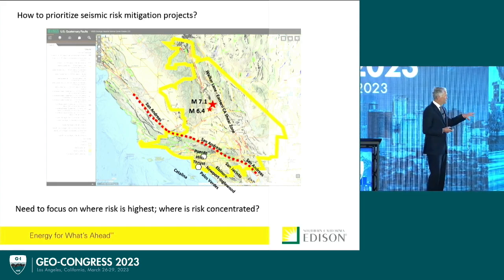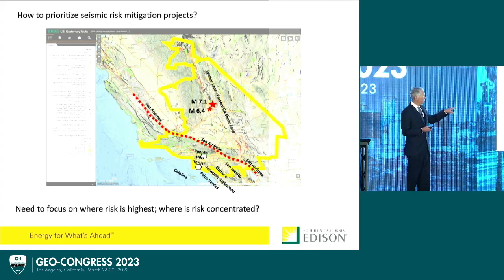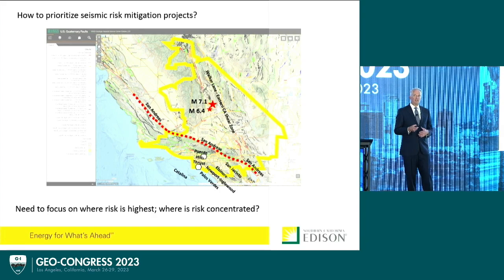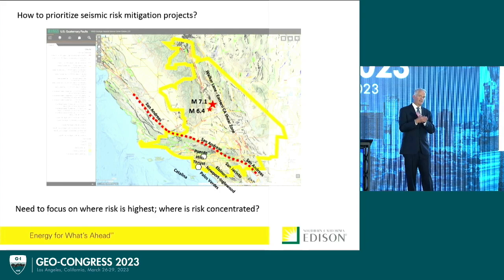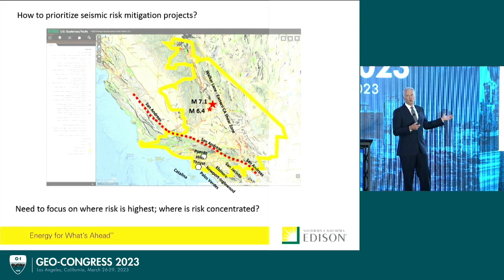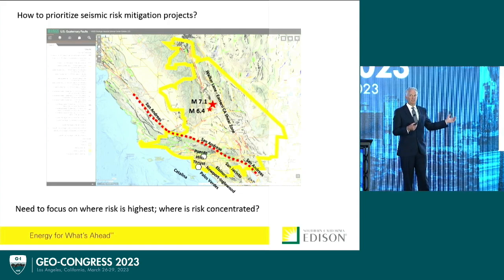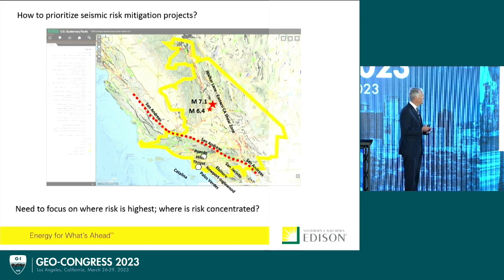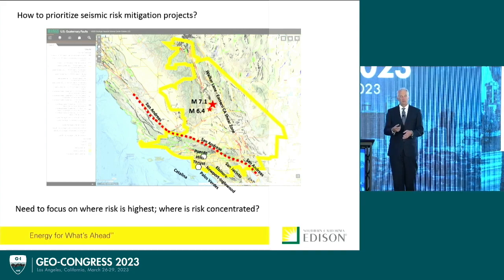A couple of other things I want to mention. The white hexagons indicate the port complex and downtown Los Angeles. I mentioned how where a lifeline and a fault line cross, you can get a risk concentration. But also, through the development of our society and our infrastructure, we have risk concentrations apart from the faults. In this case, at the port complex, some of the lifelines originate at the refineries, for example, connecting out to points to the northeast: goods movement, liquid fuel pipelines.